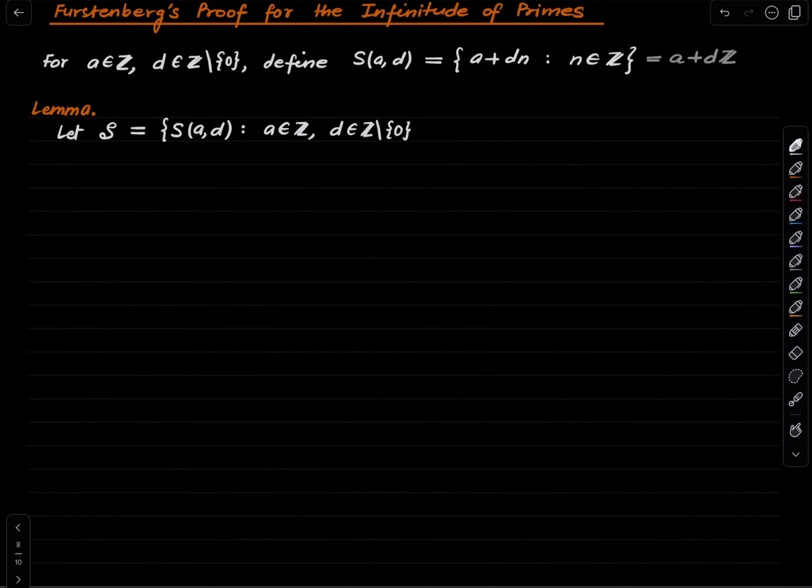So you have collected all the infinite arithmetic progressions contained in the integers. Then this collection is a basis on the integers. Okay, let's prove this.